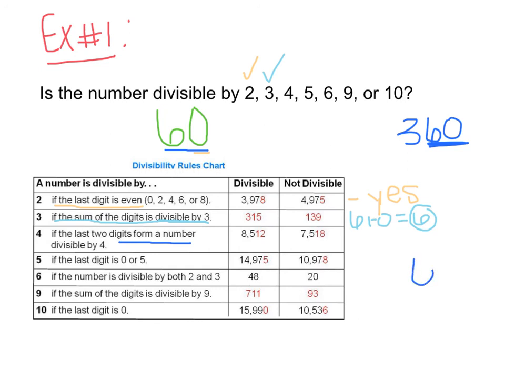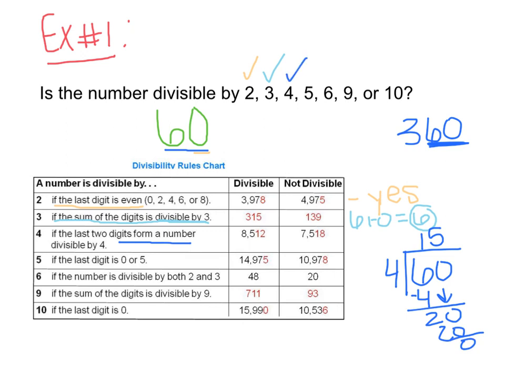Let's go ahead and do that. 60 divided by 4. 4 goes into 6 one time. 2 left over. Bring down that 0. And 4 goes into 20 5 times. So yes, it goes in evenly for 4. So 4 is also an answer.